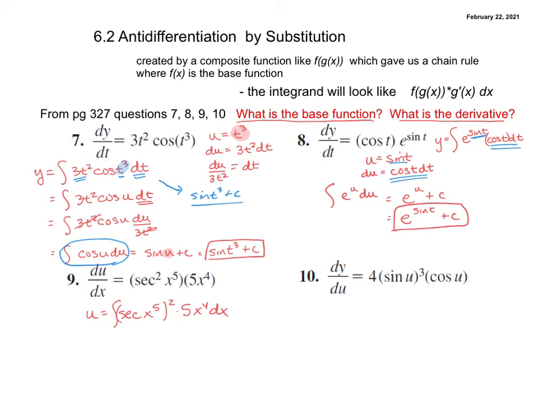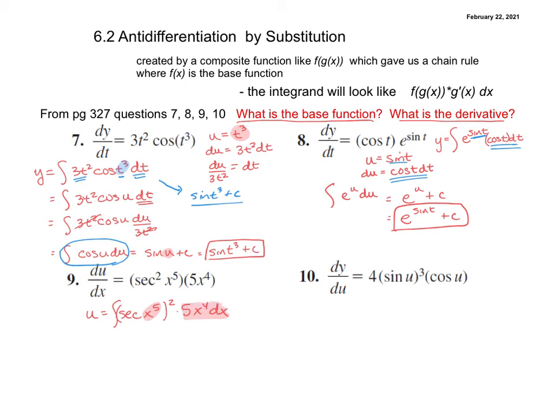So you've got to determine, okay, well, what's my base function? Well, I think the easiest thing for you to see here is, okay, look, I've got an x to the 5th right here, and I've got a 5x to the 4th dx right here.